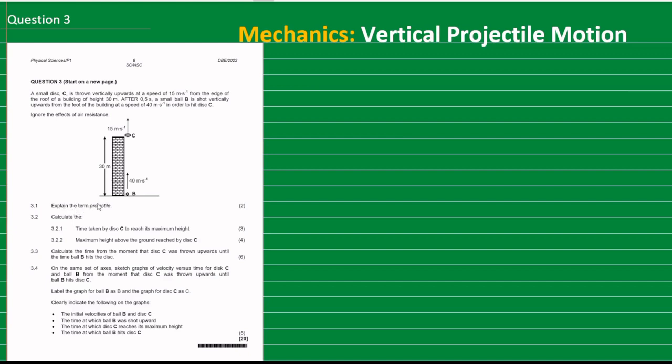Explain the term projectile. Okay. A projectile is any object that is moving in the air, and that object will be experiencing free fall when it is thrown or when it is shot or when it is dropped. So we can say, give it as a definition: a projectile is an object that is moving through the air.